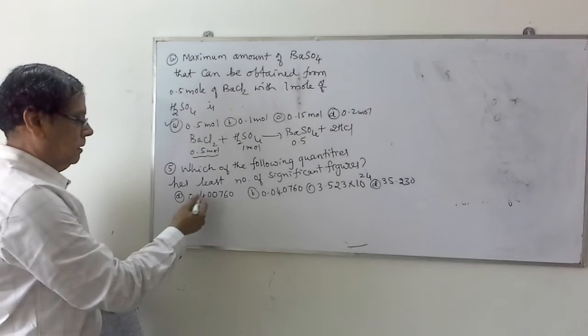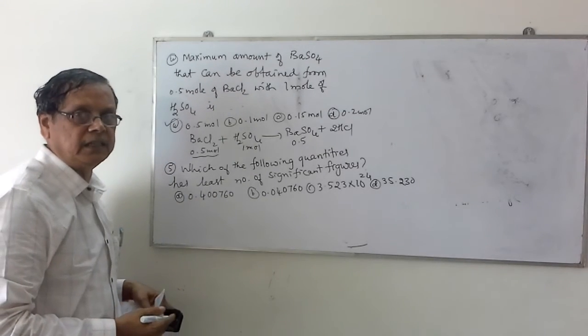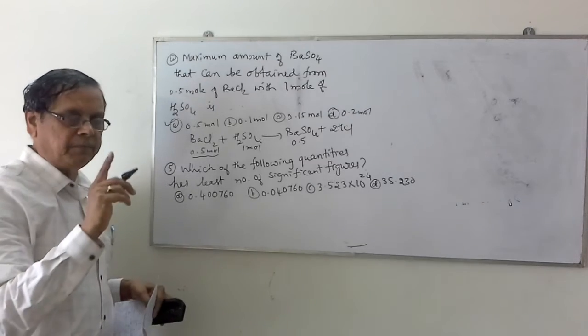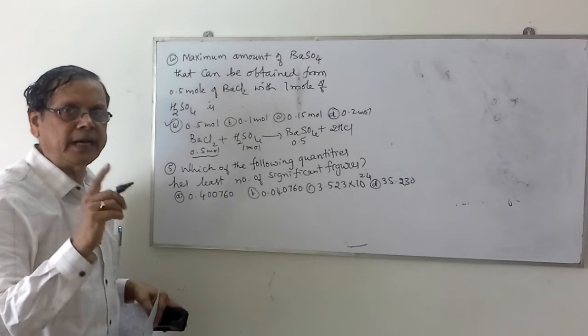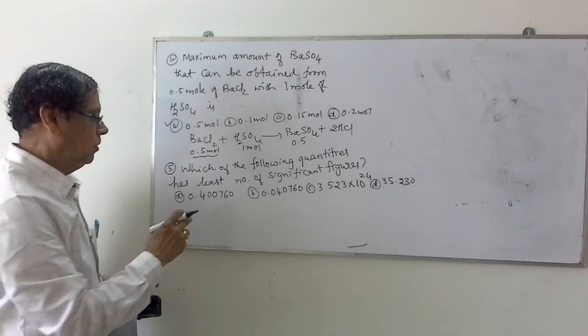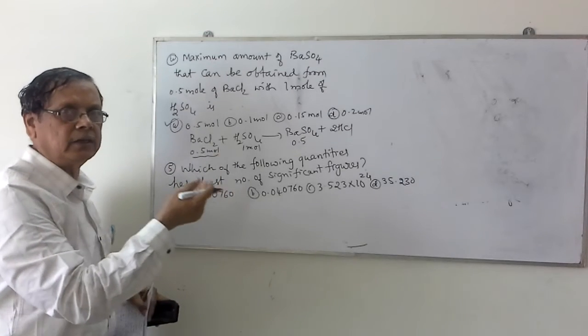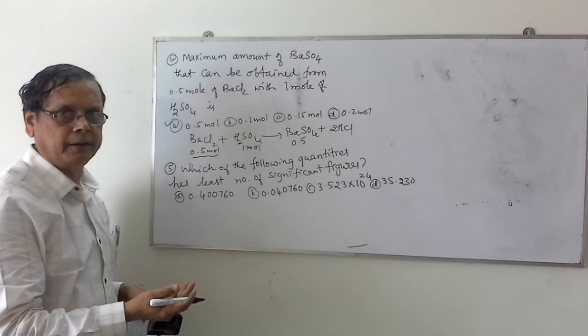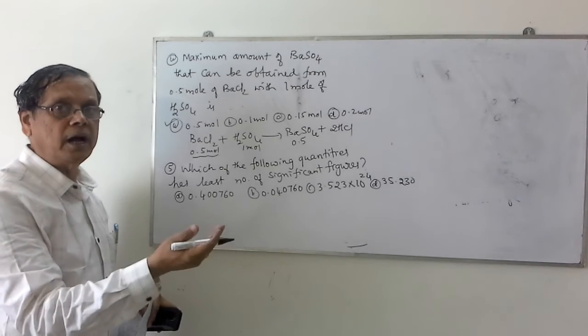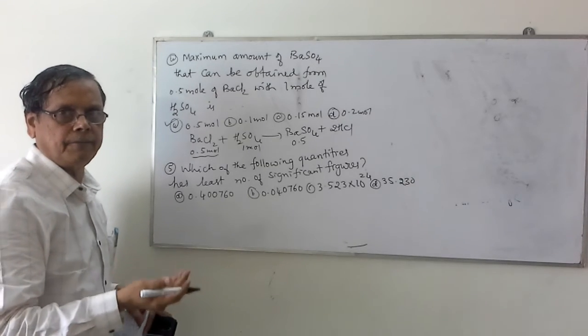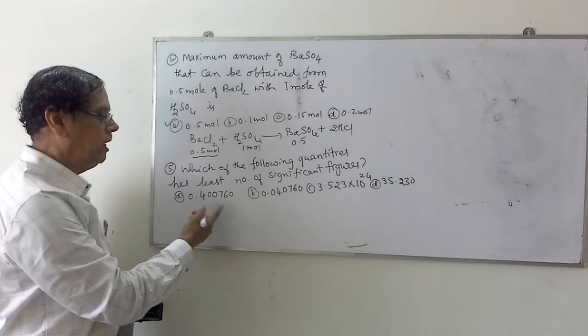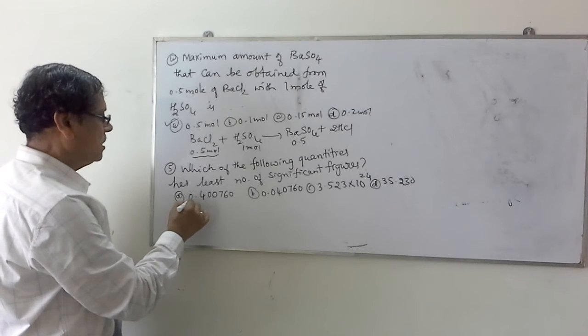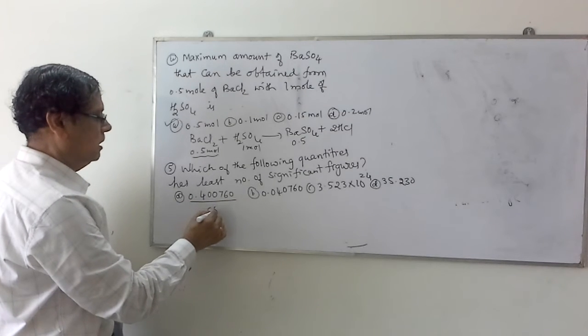So if you count the number of significant figures in these, just remember when a 0 will be significant. If 0 is present on the right hand side of the decimal point, but only after the non-zero digit, then only it will be significant. Therefore, this number has got 6 significant figures.